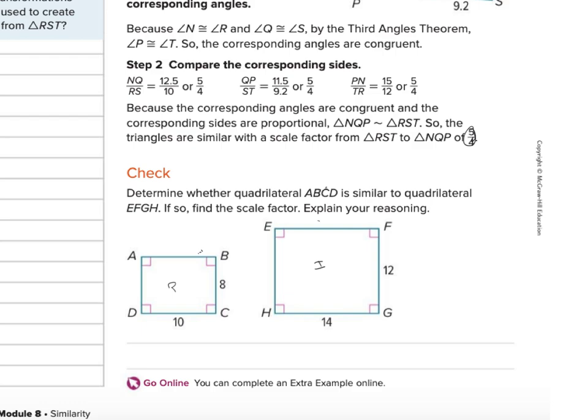I can see that FG corresponds to BC, so that would be 12 over 8, which equals 3/2, or 1.5. And then I would have 14 over 10, which is going to be equal to 7 over 5, which is a different value. So if it's a different value, it doesn't have a constant scale factor, and therefore they are not similar. Okay.